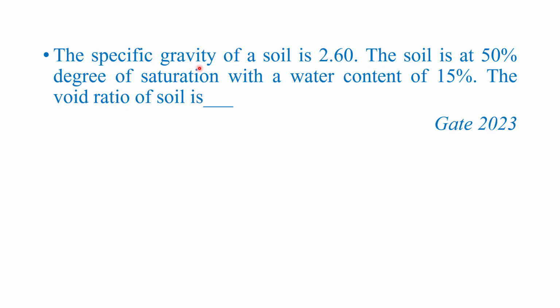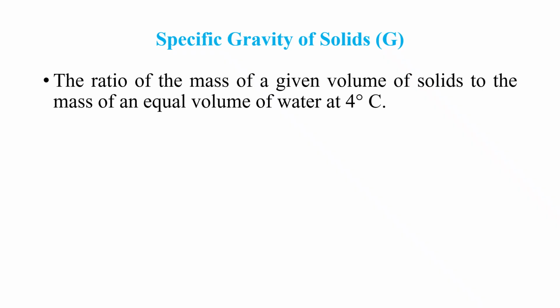Let us quickly learn what it is before solving the problem. Specific gravity of solids G is defined as the ratio of the mass of a given volume of solids to the mass of an equal volume of water at 4 degrees centigrade. You know that the ratio of mass to volume is density.